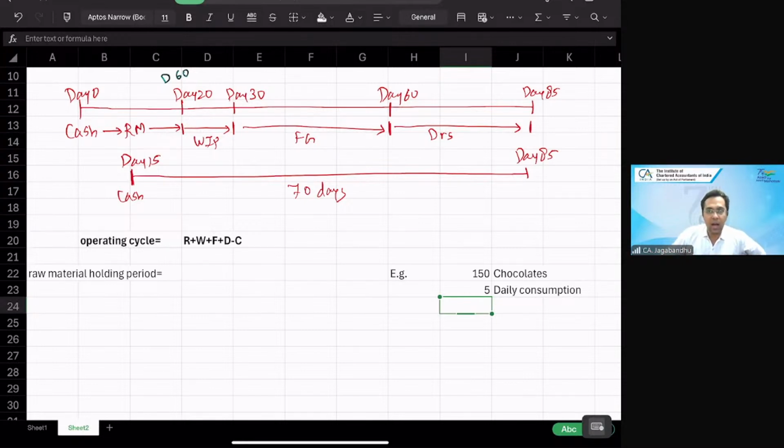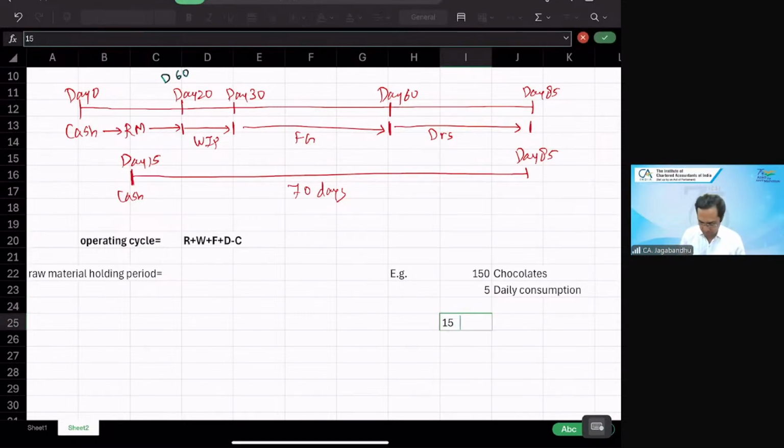So can you tell me in how many days the stock of these chocolates is going to get completely finished? Yes, 30 days.